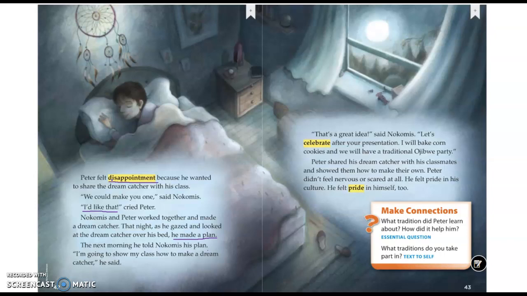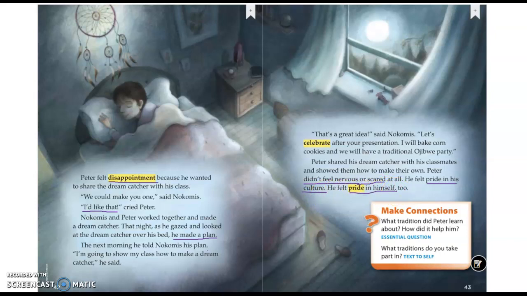So now tell me about Peter at the end of the story. All right, so now he's not feeling nervous or scared. We know he has pride in his culture and pride in himself.